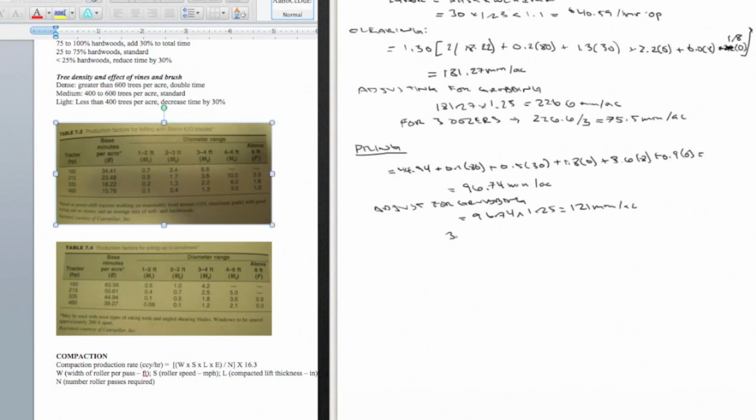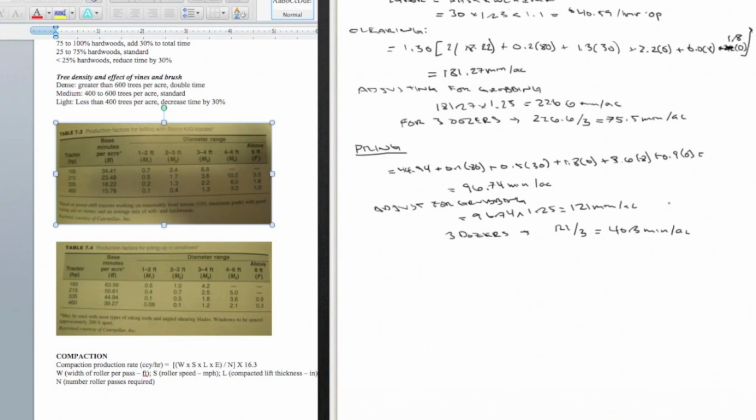So for 3 dozers, 121 divided by 3 is equal to 40.3 minutes per acre.